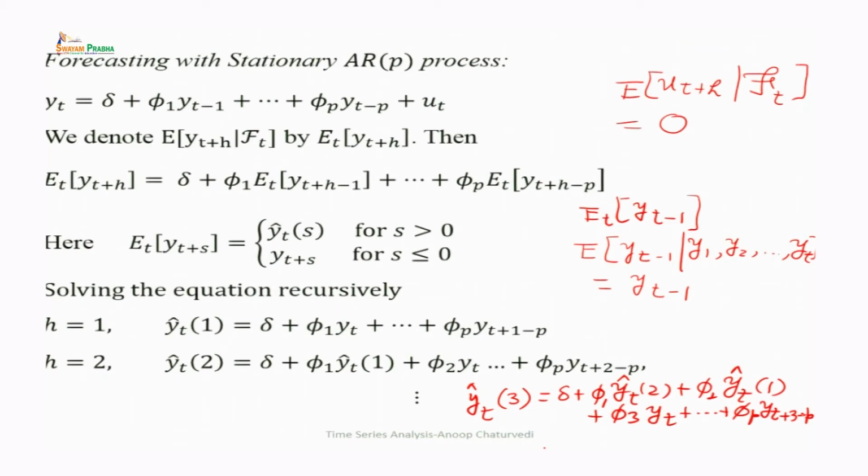So, this is how you can obtain different forecasted values recursively for the AR(p) process.